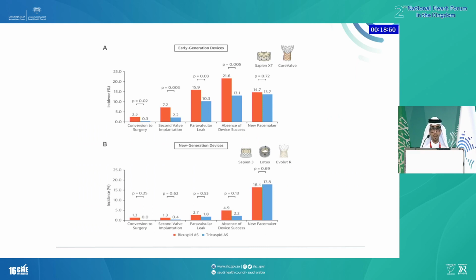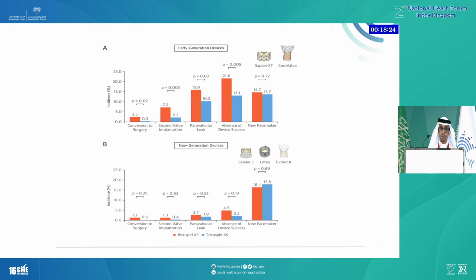But from observational studies, we know that the bicuspid and tricuspid aortic valve have the same clinical outcome. The success of the procedure may be lower in the bicuspid aortic valve if we look at the data from old or early generation devices.